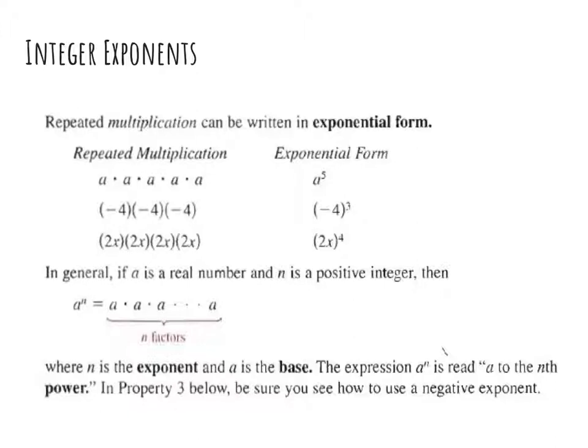So in general, if a is a real number and n is a positive integer, then a to the n can be expanded as a times a for however many n factors there are, where n is the exponent and a is the base. The expression a to the n is read a to the nth power.